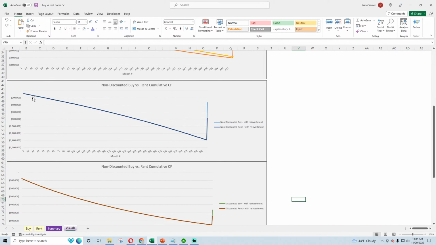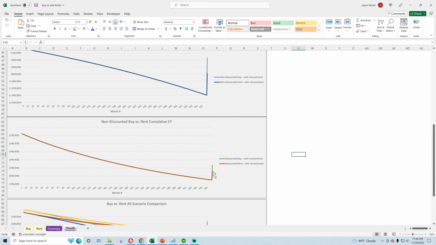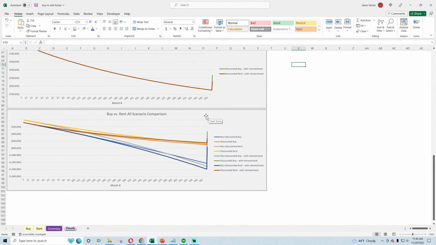If you're reinvesting, the cash flows the whole time are the same for each, but what makes them different is that you can reinvest the differences depending on which one's cheaper over time, and then the end value of that is shown here at the very end with the difference in color. And then here's all the scenarios compared in one chart.